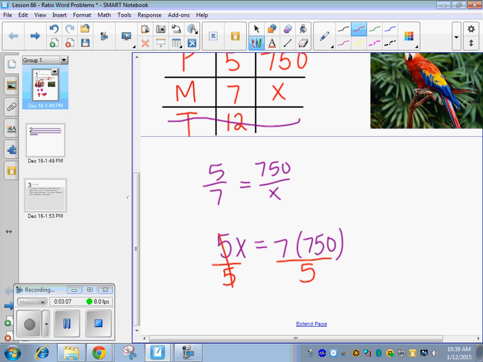Anna? Divide 750 by 5. Exactly. 5 goes into 5 once. And then 5 goes into 75 how many times, you guys? Harrison? 15 times.